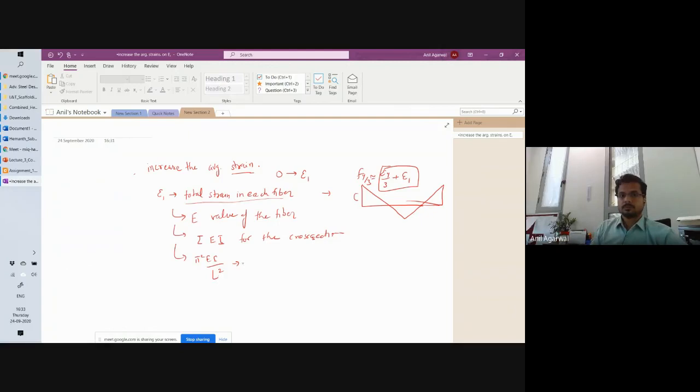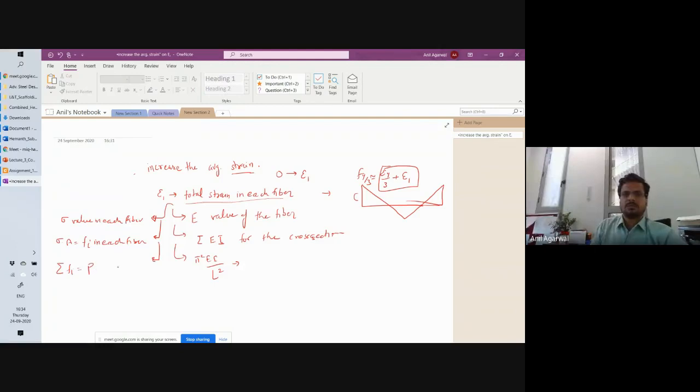Okay. Then also from this strain, another branch is going in this direction, let's say. From each strain, you calculate sigma value in each fiber. From that sigma, you calculate sigma multiplied by A, that is Fi, in each fiber.